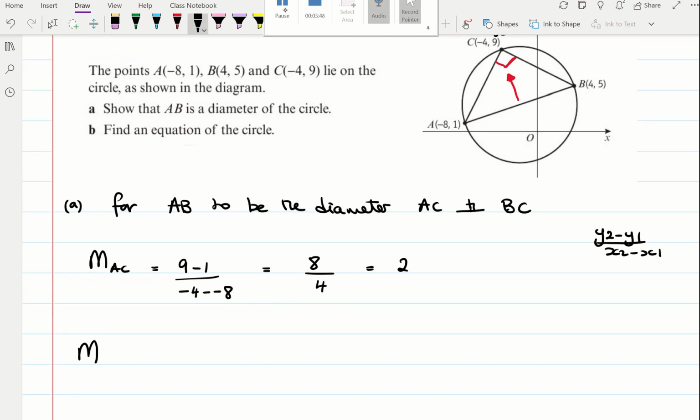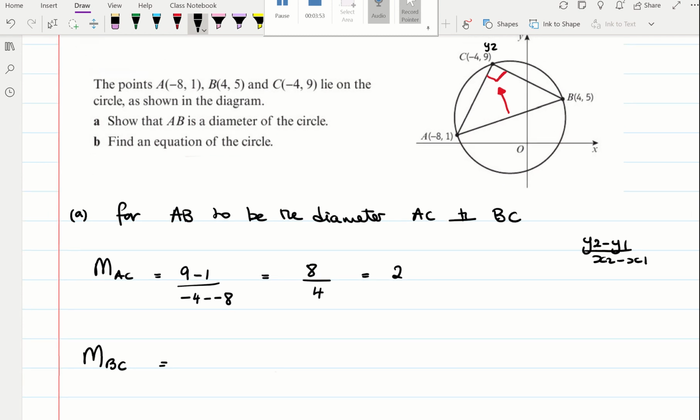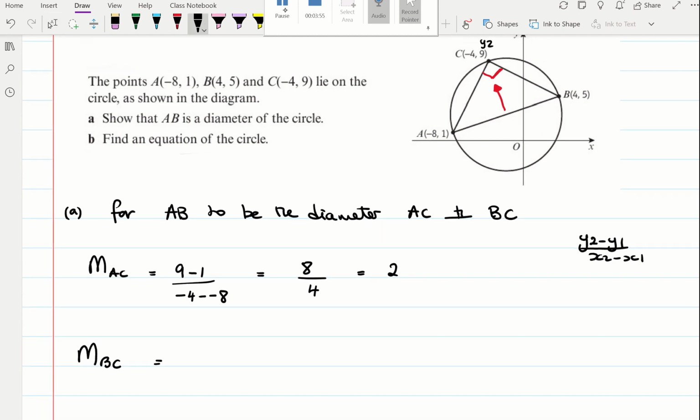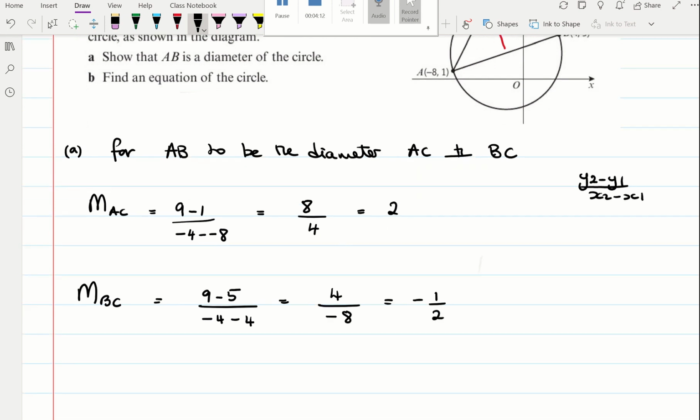I want the gradient of BC. I'm going to take 9 as the y2 as well. So 9 minus 5, and then negative 4 minus 4. So 9 minus 5 is 4. Negative 4 take away 4 is negative 8. So the gradient is negative a half.